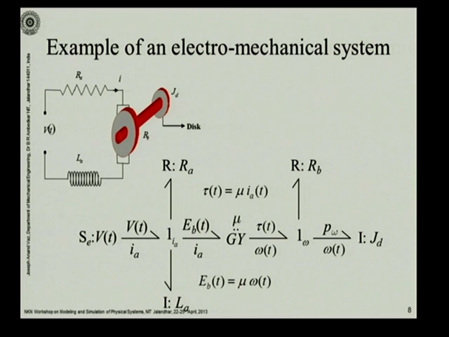Here in this case we have written, it is the potential difference across the terminals, electrical terminals, and here you have the current that is passing through the armature. Okay, and here you have got certain elements, we will call them elements, and we will understand what these elements are.